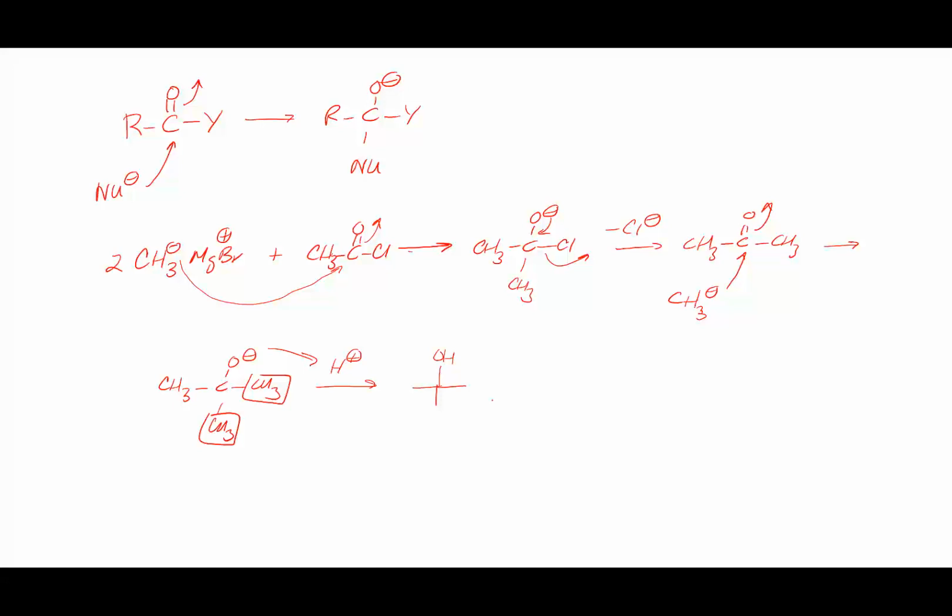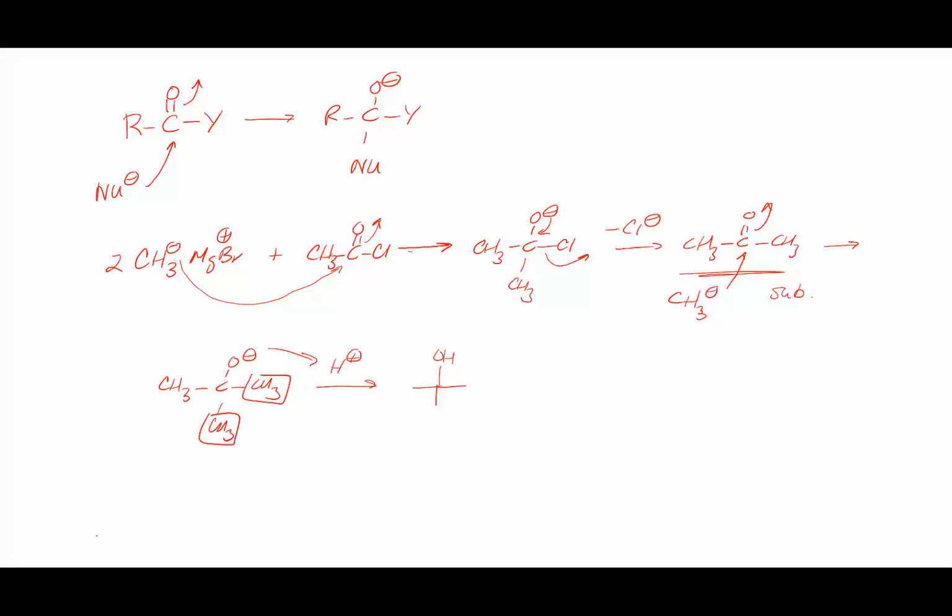So this would be what is called a substitution reaction, at least this first step, in terms of substituting a methyl group for the chloride. Up to this point, that's going to be substitution. So the way that we're going to talk about carbonyl chemistry is going to depend on what's the Y group and what's the nucleophile.